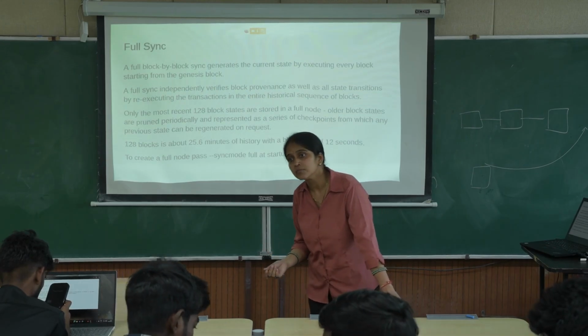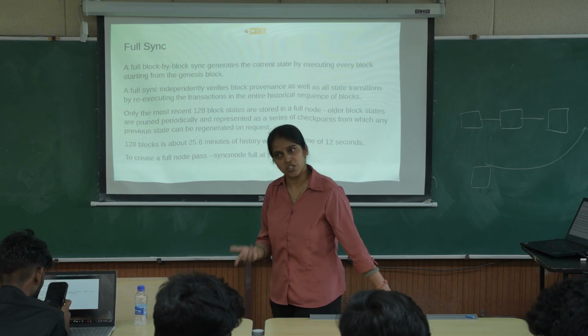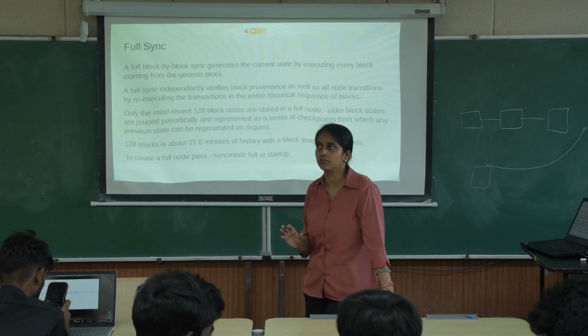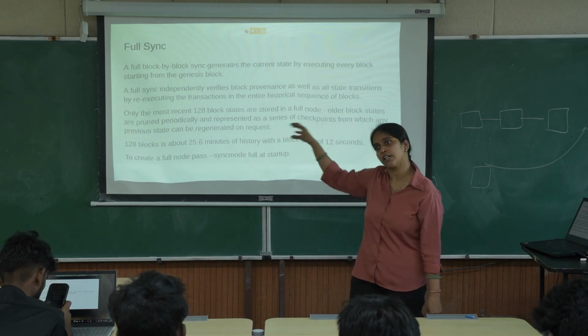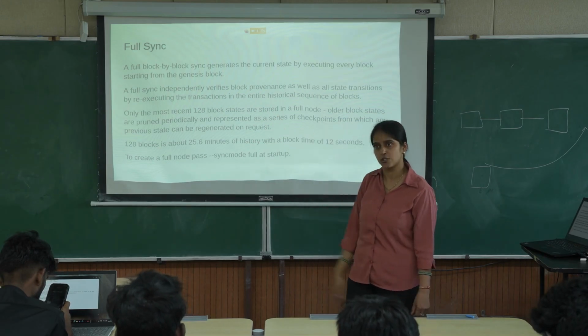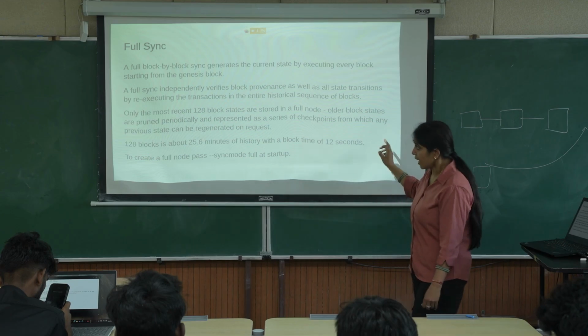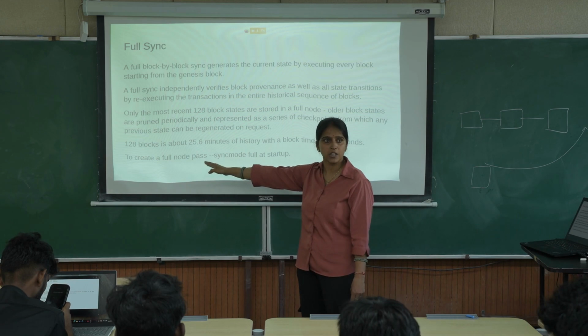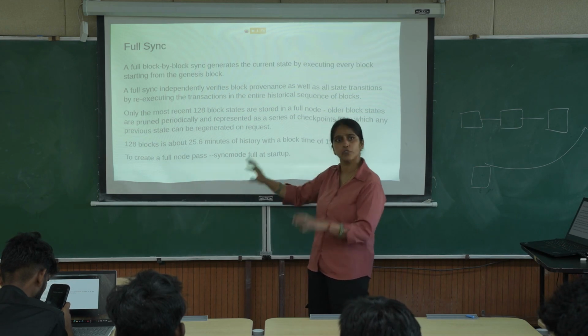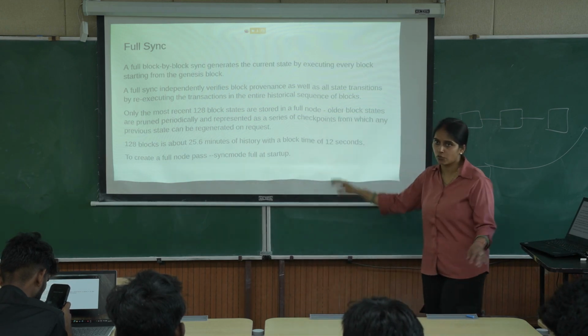So we will also get the genesis block information, right? Yeah, you'll get the genesis block information also, for the checkpoints and then the last 128 blocks, after that some checkpoints, and the genesis block also. And it will tell us about the time that has been taken to create those blocks also. So full information we will get in the full synchronization.